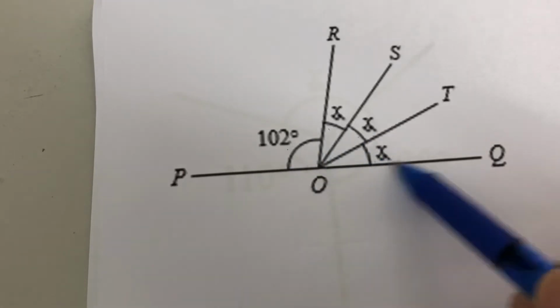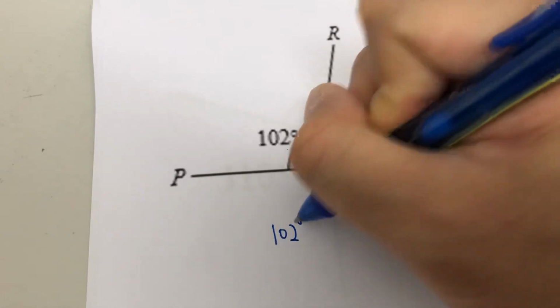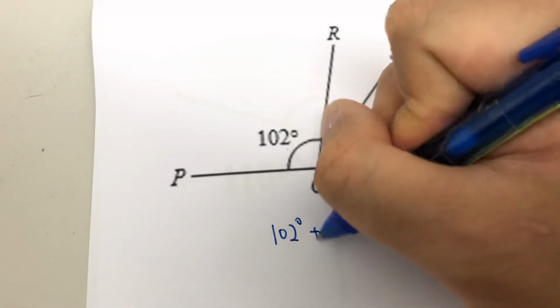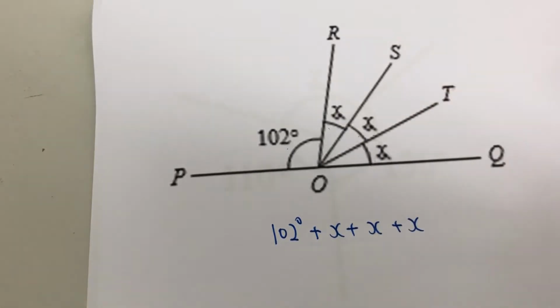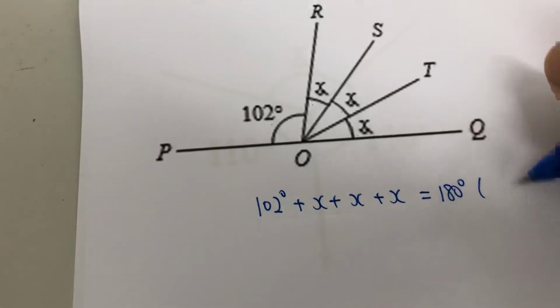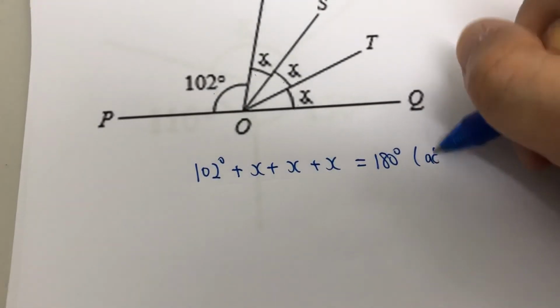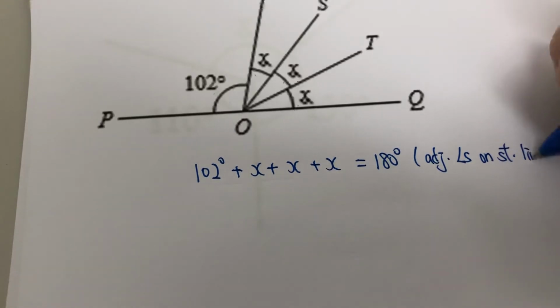They become a straight angle. So likewise, let's add them up. 102 degree plus x plus x plus x. Add them up, and they become 180 degree. Adjacent angles on straight line.